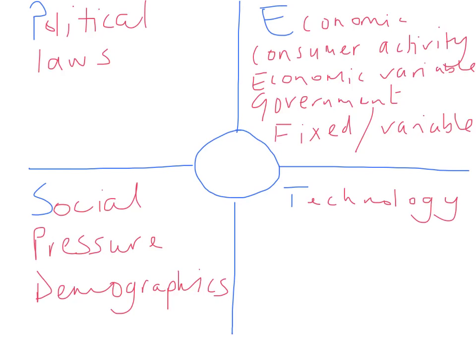T stands for technology. So businesses operate, especially now, in a world of rapid technological change. Organisations need to review regularly the impact of new technologies upon what they do. So products can become obsolescent, so they can become out of date very quickly, and production methods can also become out of date. Communication may become inefficient as ICT develops.